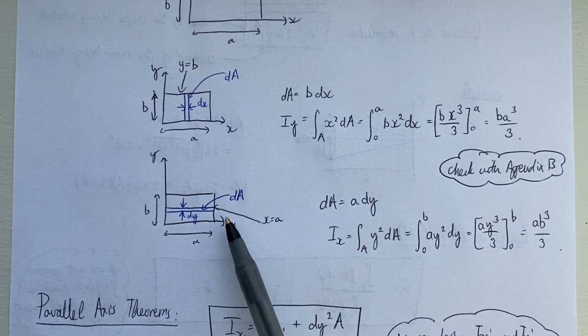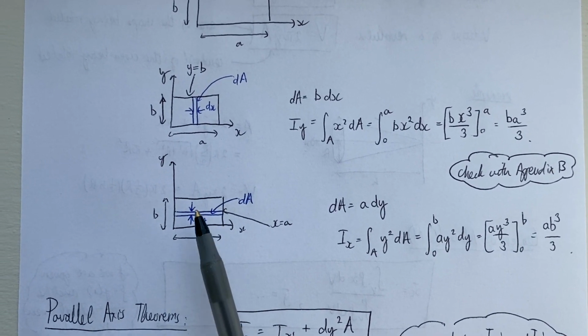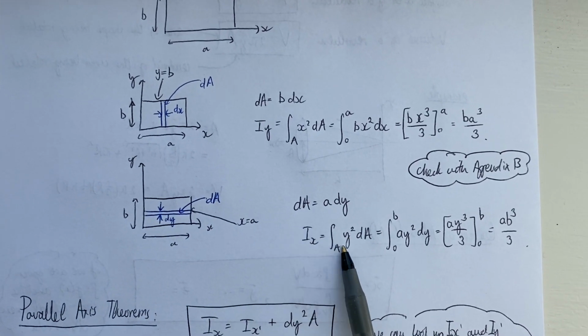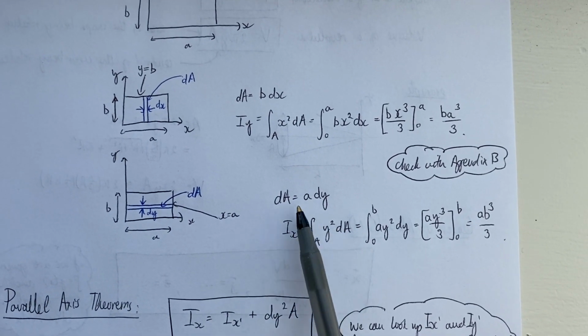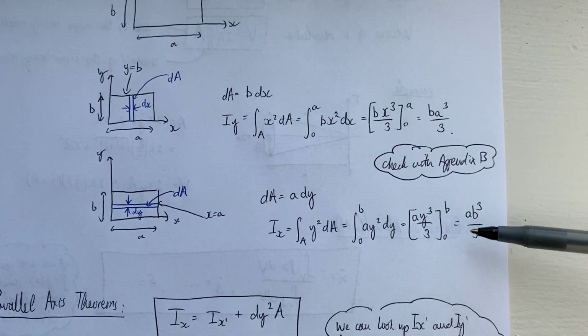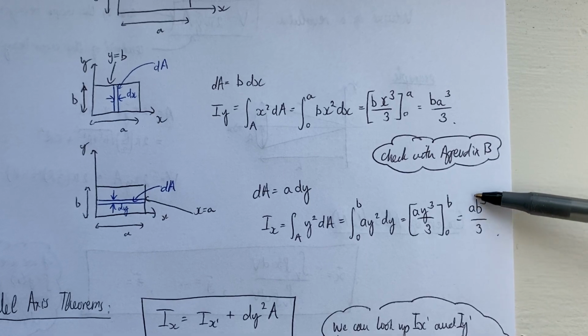And if we do the same thing but finding the moment of inertia about the x-axis, we just flip the strip the other way, then we're integrating with respect to y, but we can work out what dA is in terms of dy, and therefore we can work out the moment of inertia about the x-axis.